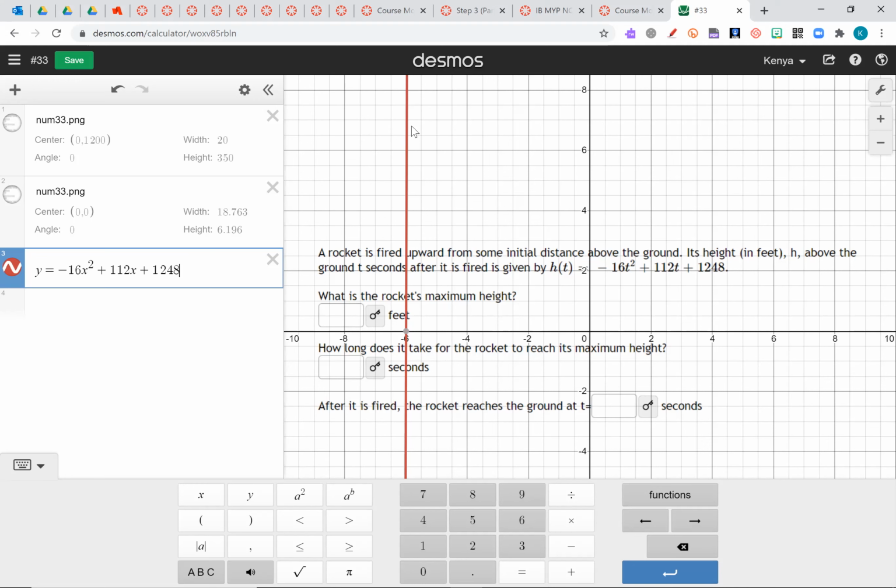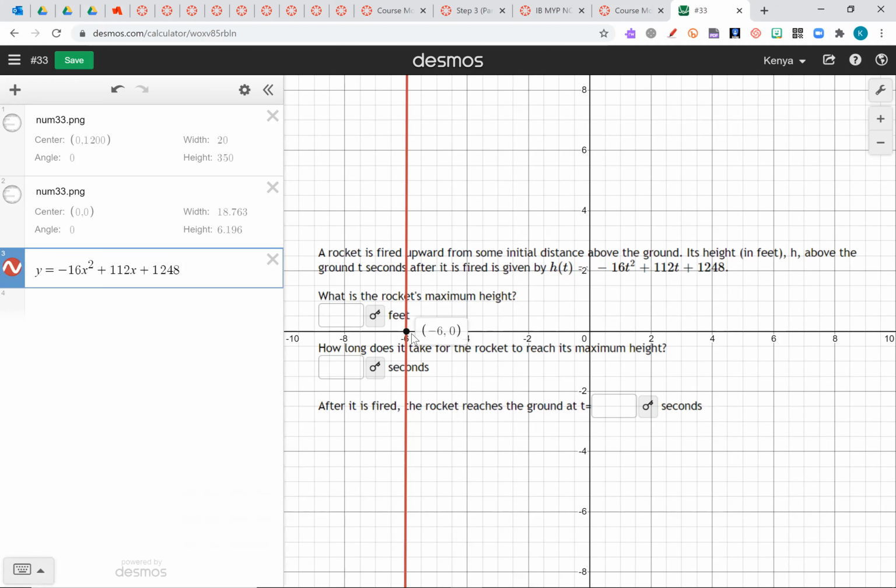If you look here, when I graph the function, I can only see the left side of the parabola. I say it's the left side because this value here, the x coordinate, is negative. Remember, we just said x stood for time, seconds. Is it possible to have negative 6 seconds? No. So that means that it has to be a positive value in this problem.